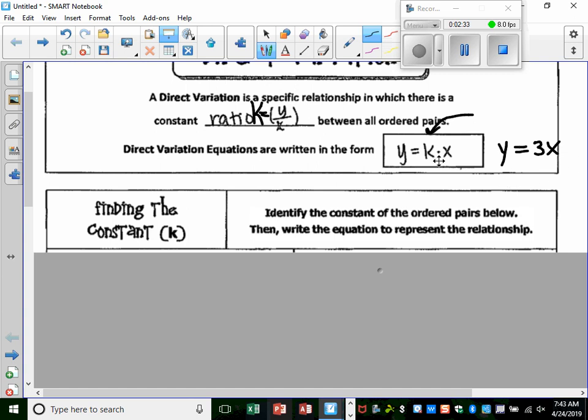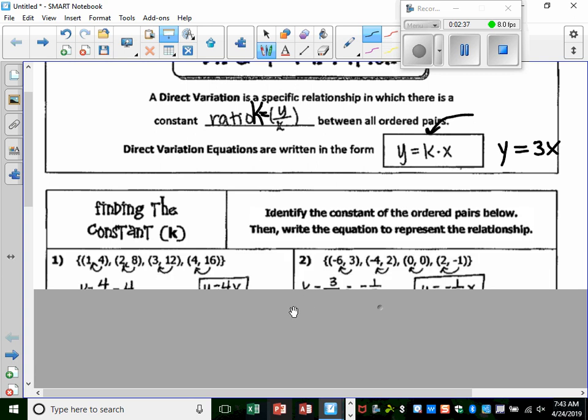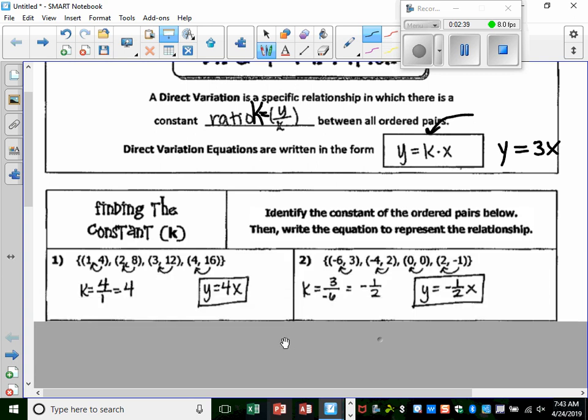So we don't actually leave the dot in between, right? All right, so here we go. So this is how you find k. Here's your y value. Here's your x value. 4 divided by 1 equals 4. And if you do this every single time, you will get the same constant.